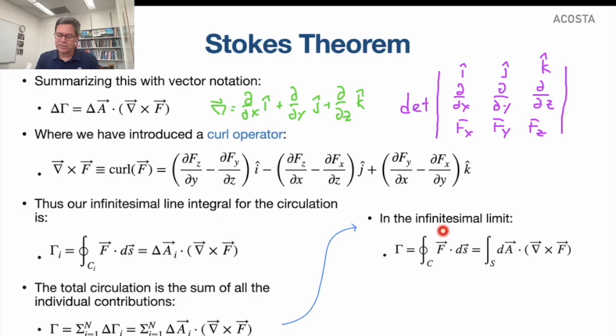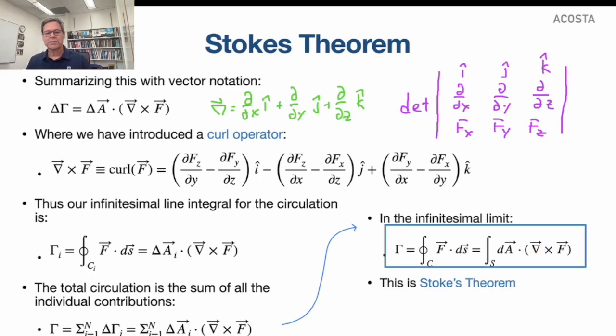So I've transformed my original circulation, a closed-path line integral of my vector field along a path C dotted with ds, into the sum of all these curls: del cross F dotted with an area vector, integrated over the surface of the shape that's closed by the path C. Path C defines some sort of arbitrary shape, and the surface of that shape is the surface integral here on the right.